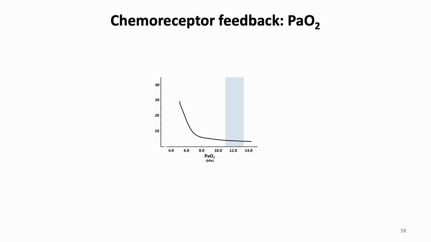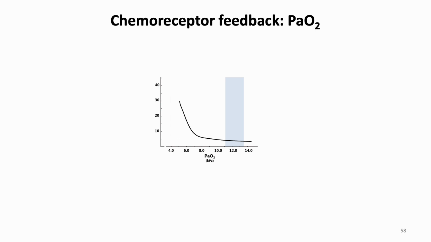Let's look at the PaO2. This curve looks somewhat different, and within the normal range for PaO2, here I marked it as about 11 to 13.3, you can see that it's almost flat. So within the normal range, small changes in PaO2 will not change ventilation.